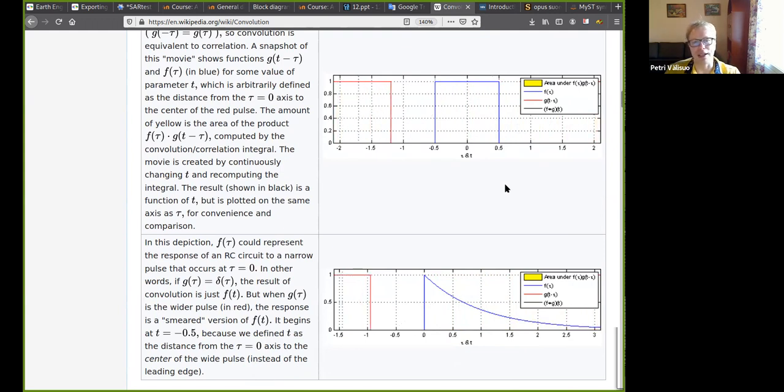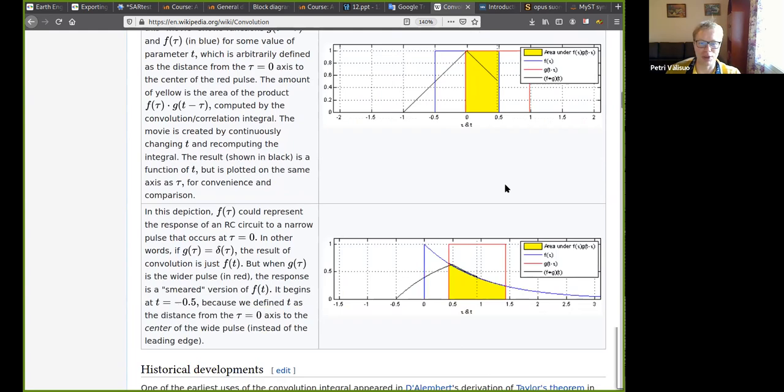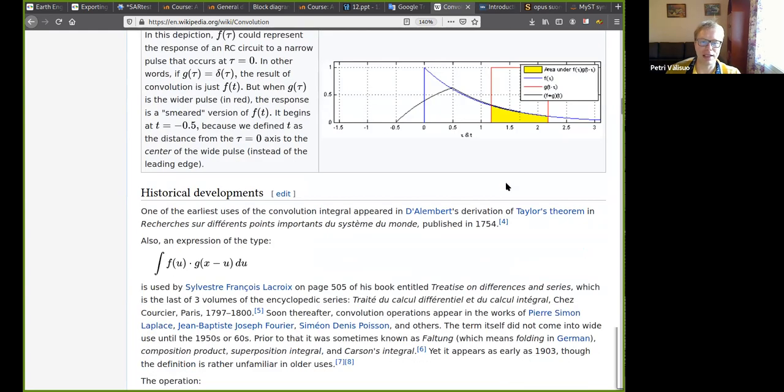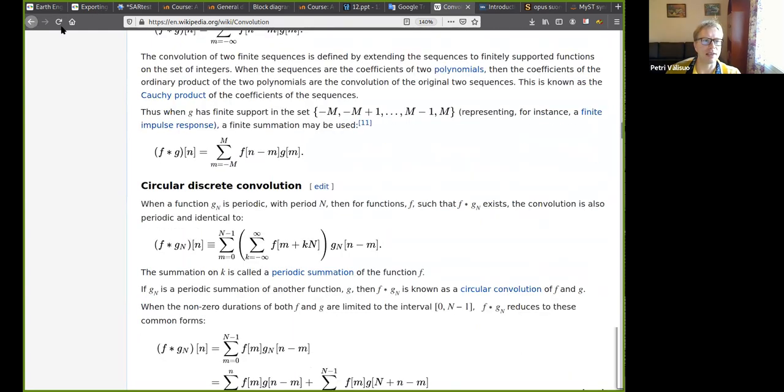There are even nice animations about it, but I don't know if it makes this still so clear. But let's just think that it is a low-pass filtering.